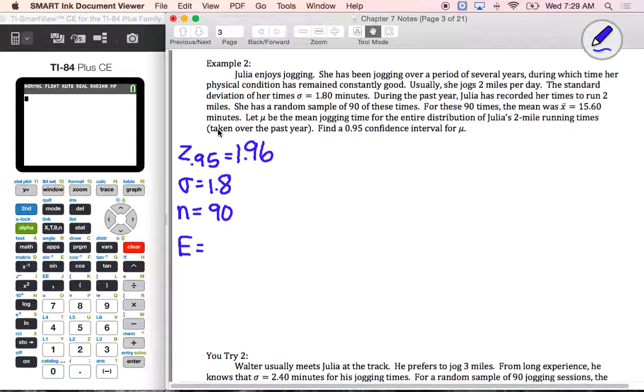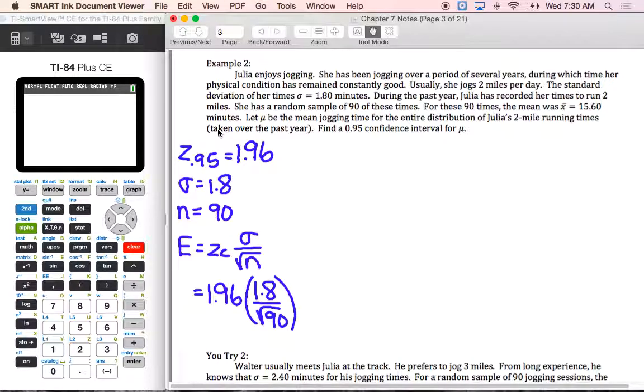So our E formula is going to be ZC times sigma over square root of n. So 1.96, and then we're going to have our sigma, so 1.8 over square root 90. So we want to type that into our calculator. It might be easier if you put parentheses around your fraction.